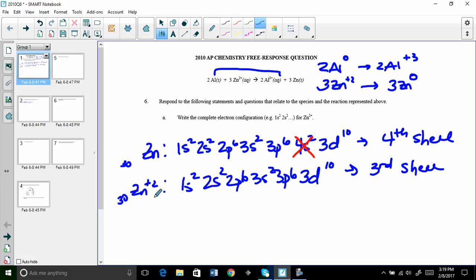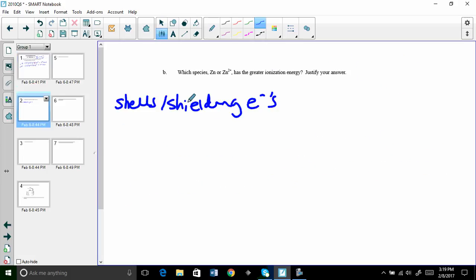And if this was about size, we could talk about how this one has less electron repulsion, but this is not about size, it's about ionization energy. So we're going to talk about shells and shielding electrons and how that affects Coulombic attraction.